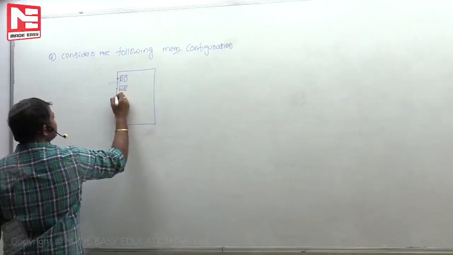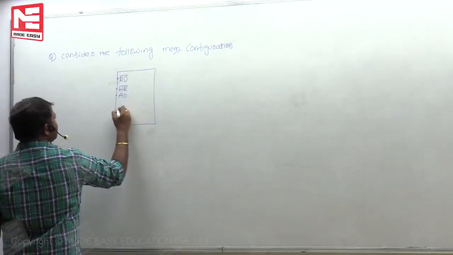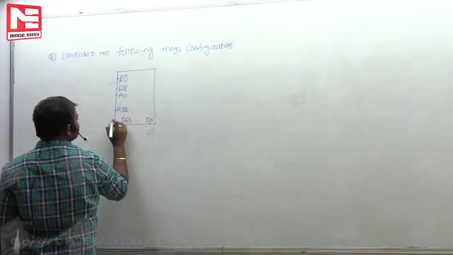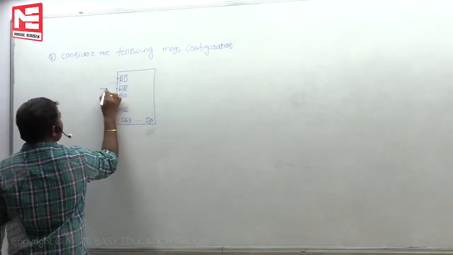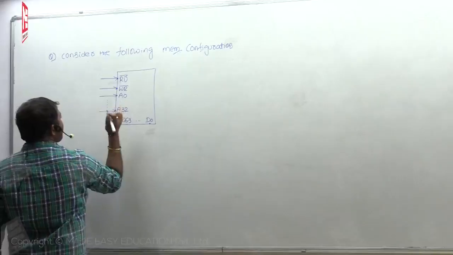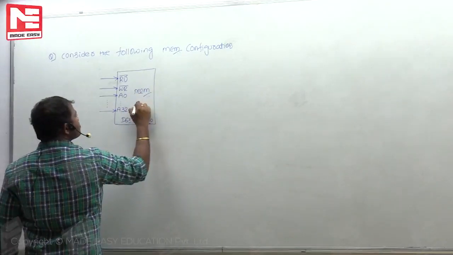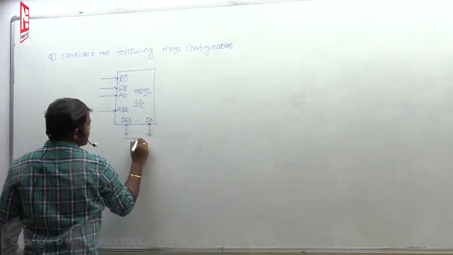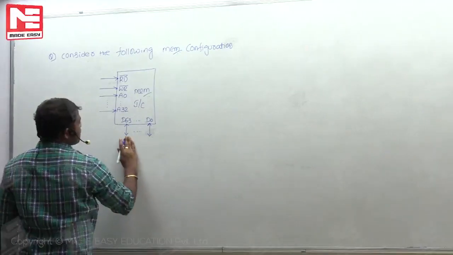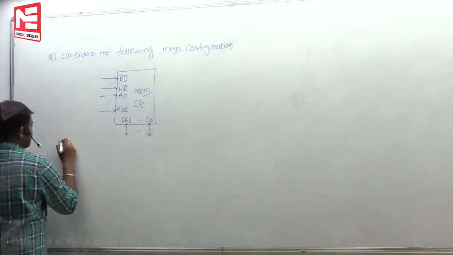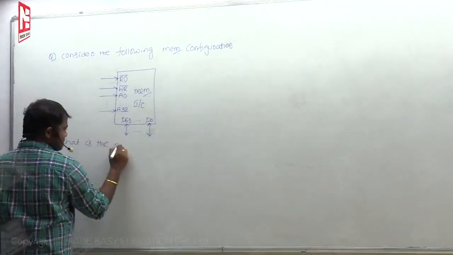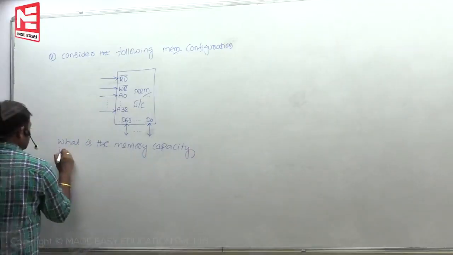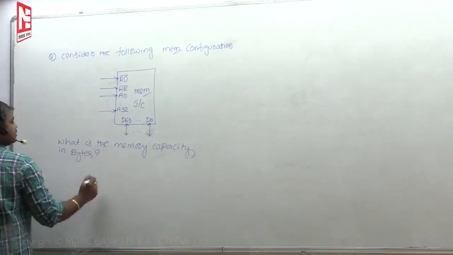RD bar, WR bar, A0, A32, D0, D63. So this is the question.